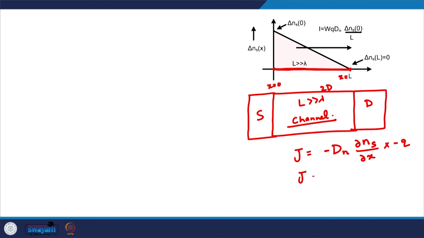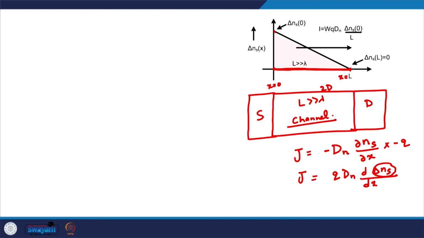So, this current density will be q D dn, ultimately dx, because delta ns tells us about the excess electronic population on the left side and on the right side.